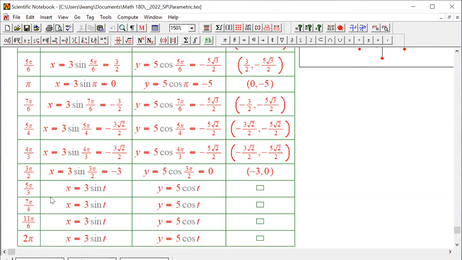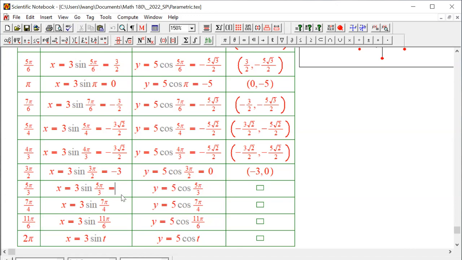And next, we have 5 pi over 3, 7 pi over 4. We really just have three points to work with, because for 2 pi, it's going to be the same value as at 0. So let's finish it. 3 times sine 5 pi over 3.